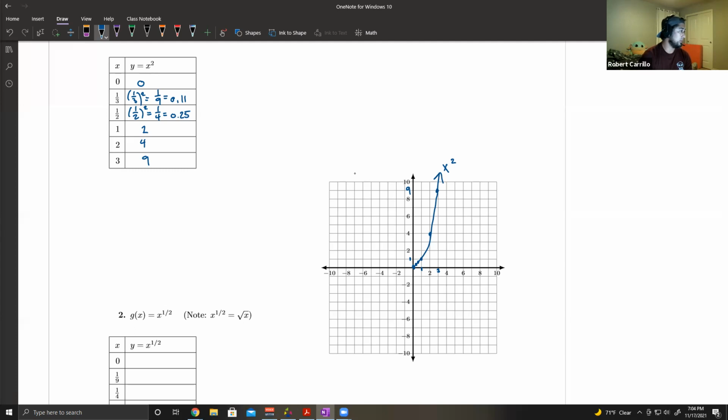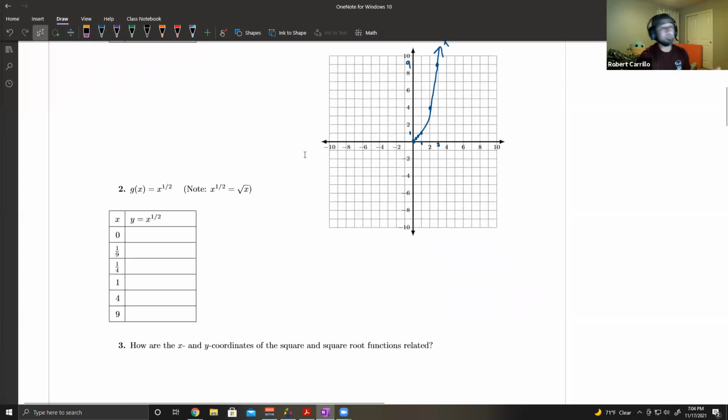Good. Okay. Now, let's look at the function x to the 1/2, which we're going to plot on the same graph. So x to the 1/2 is essentially the same as the square root of x. So all we are going to do now is take all of these values and plug them into x to the 1/2, or even better, it'll be easier to plug them into the square root of x.